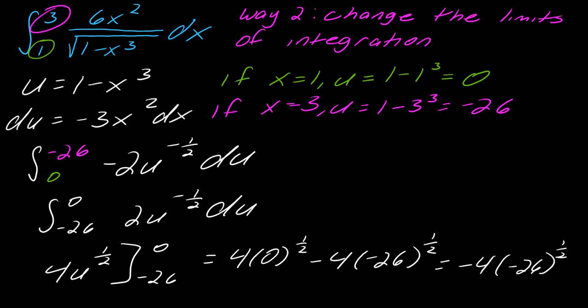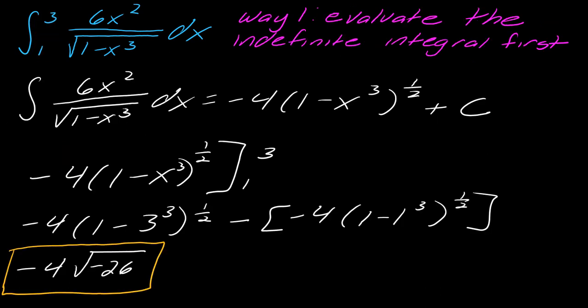So this is just a nice method if you just want to plow through it and you don't want to have to remember to do the limits of integration. I think this is also a really good way to go if you are prone to forgetting to actually evaluate the definite integral. I know a lot of people say, oh, I like this method because I don't have to change anything.